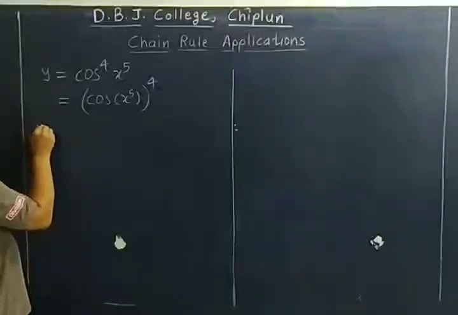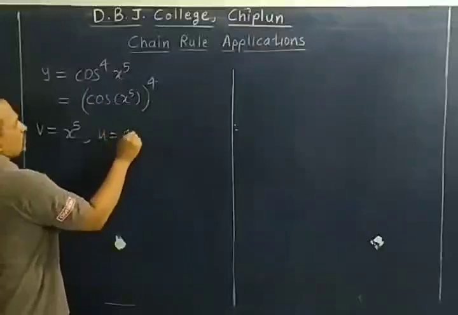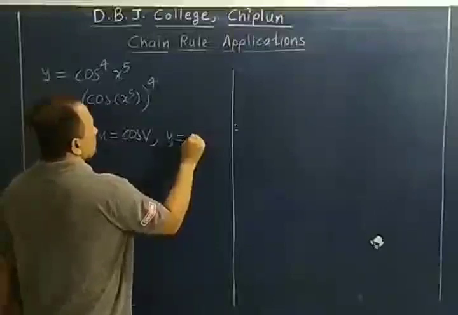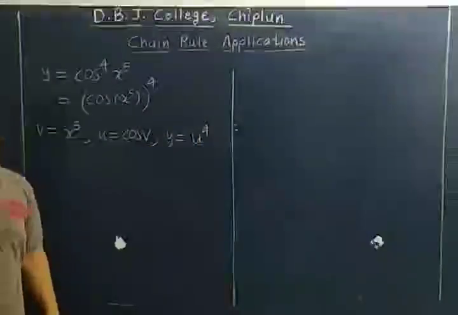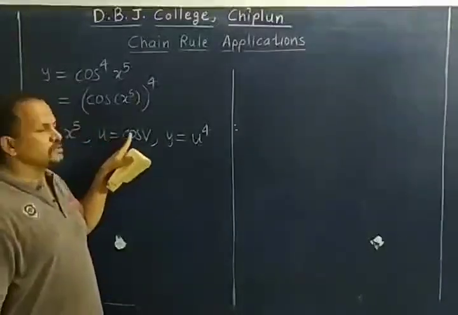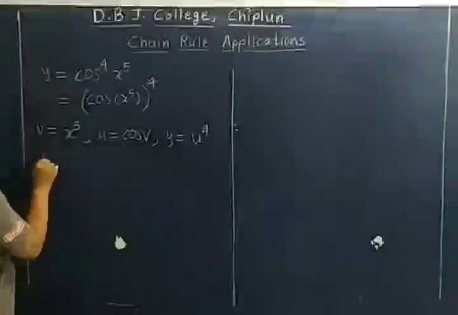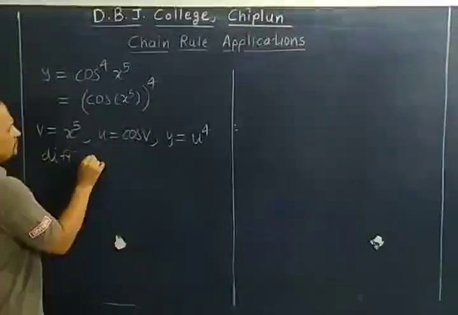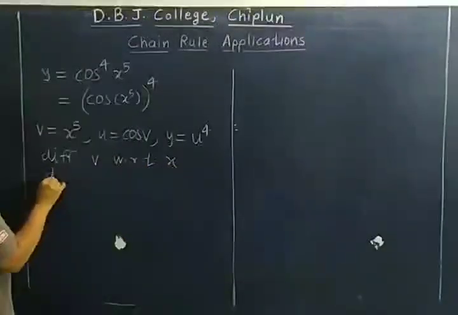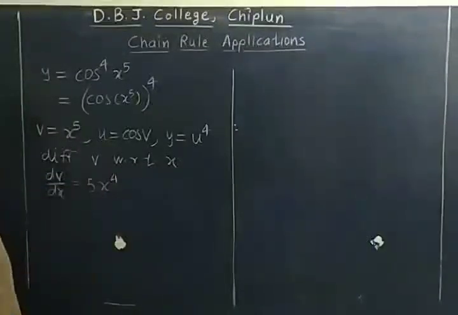So here I am going to call v as x raised to 5, u as cos v, and y as u raised to 4. Three functions. V is x raised to 5, u is cos v, and y is u raised to 4. Differentiating v with respect to x, dv by dx is 5x raised to 4.